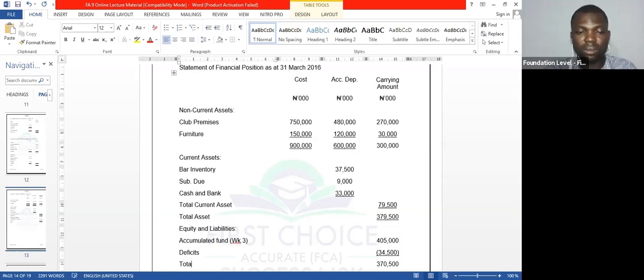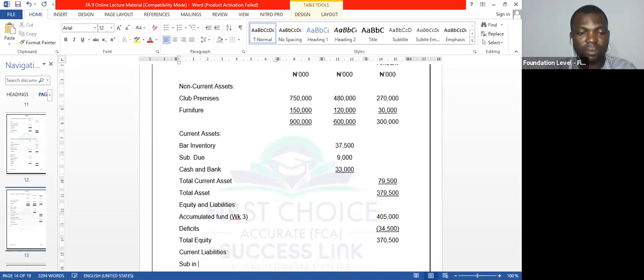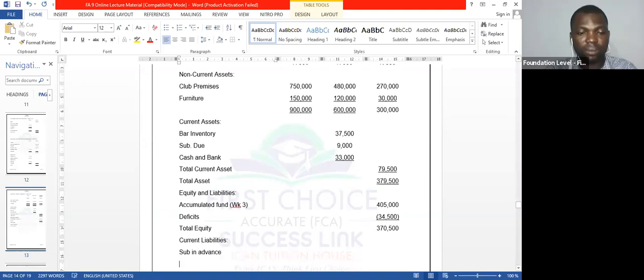So after that, the next process is to calculate our current liabilities. So let's calculate our current liabilities. The items that we have are subscription in advance and rate owing. What else do we have? We have nothing. I think that's all.